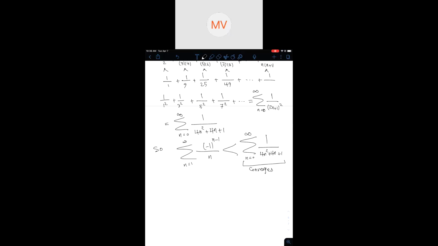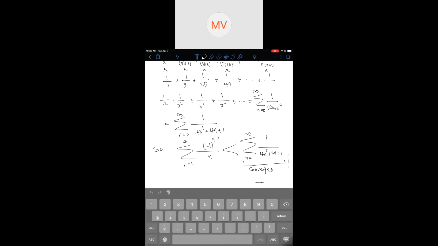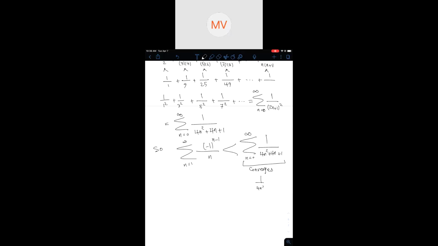And also, well, it doesn't even become tan inverse, it's just a natural log. Well, it converges, or you can compare it with 1 over 4n squared, limit comparison. But this one converges, that one converges as well. So the bigger one converges, that means the smaller one converges as well. Thus, this sum converges as well.